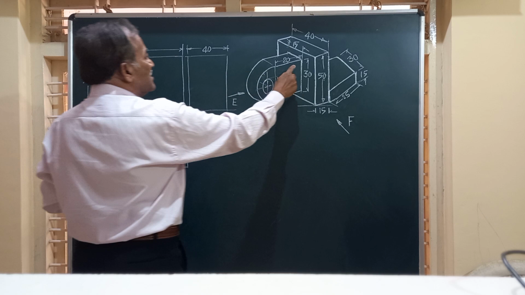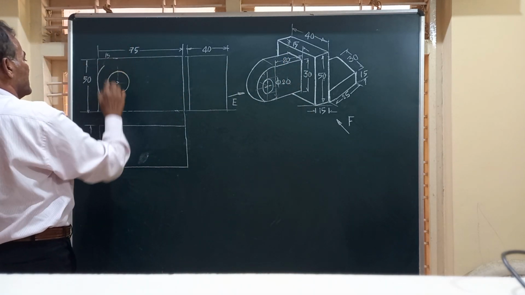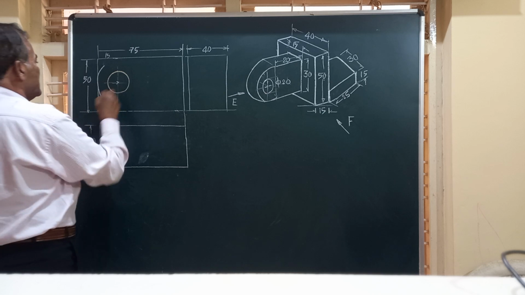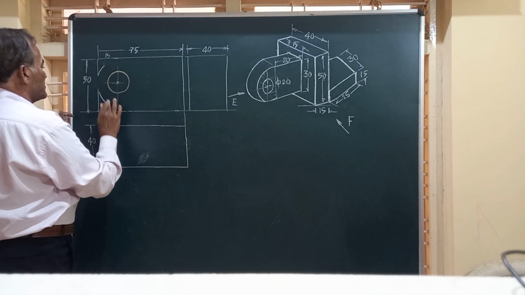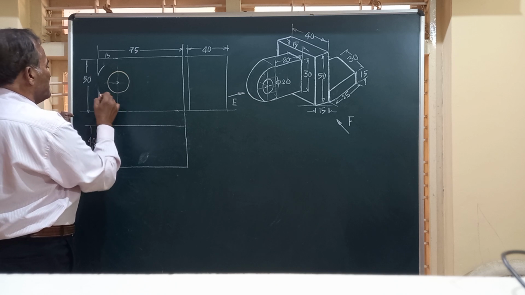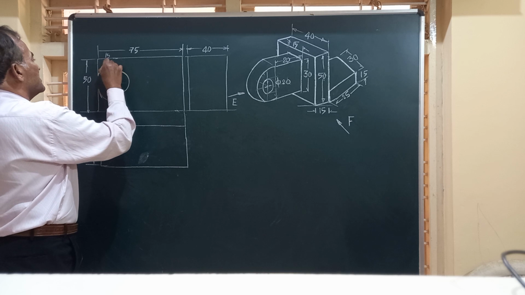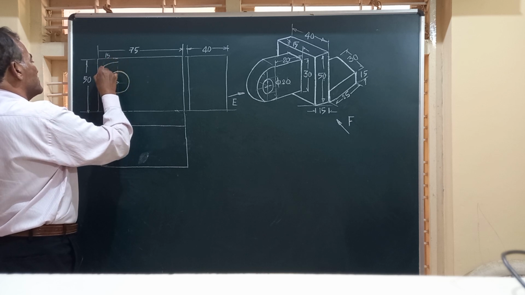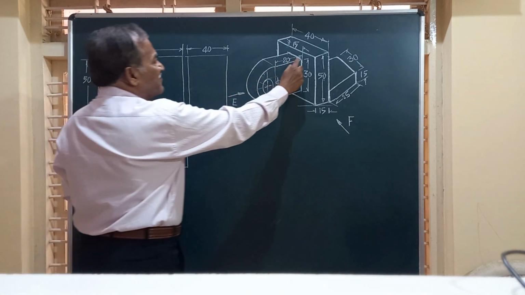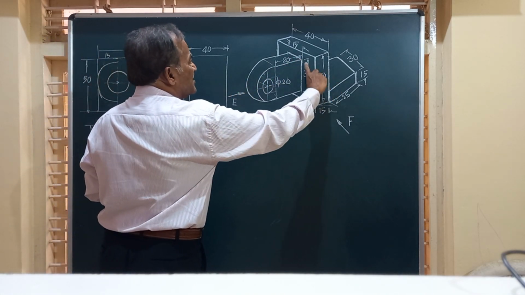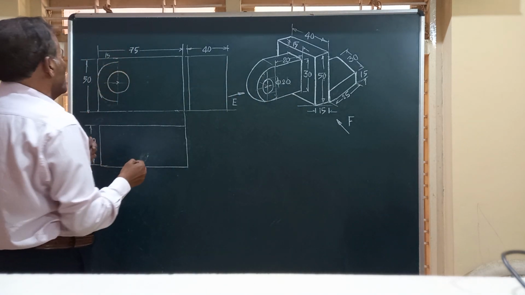Here the maximum height is only 30, so this circle will not touch there, and it has to be concentric with this. This is going to leave some gap in between. This is 50, this is 30, so there should be a gap of 10 millimeter on both the sides.